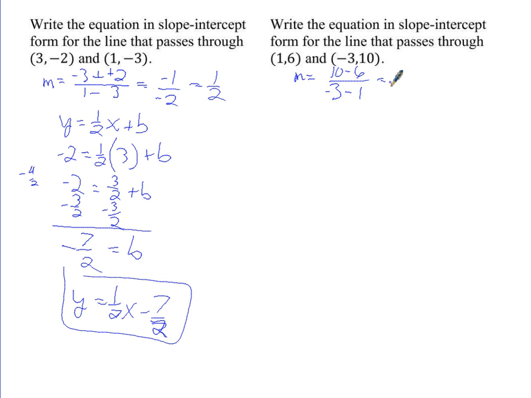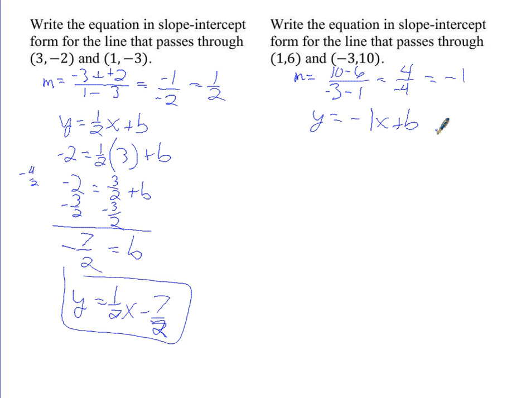What's the top? 4 over negative 4, so that becomes negative 1. So I'm going to write y equals negative. I could write the 1, x plus b. Now what?